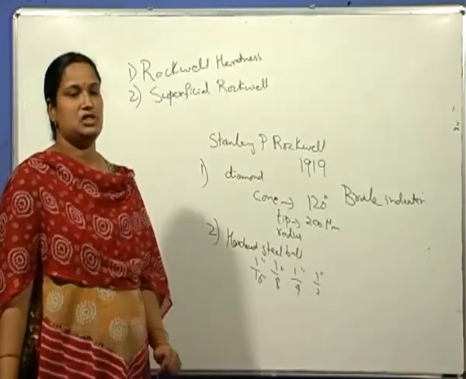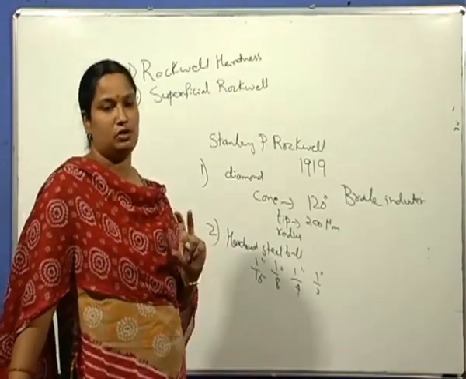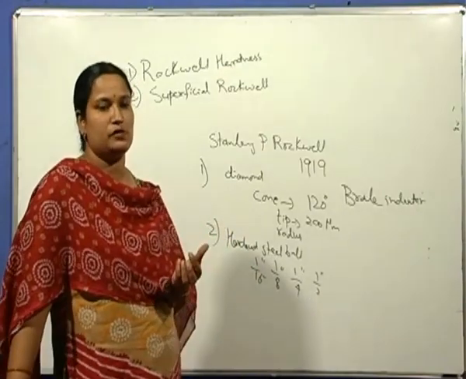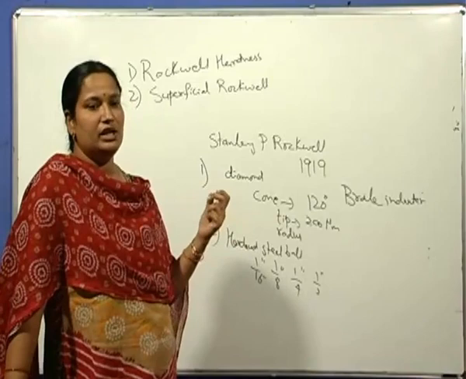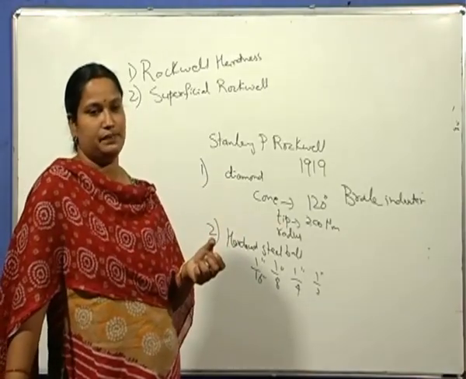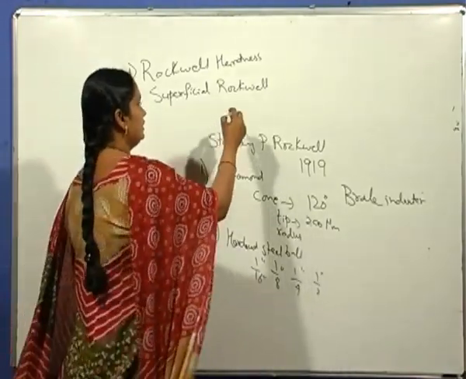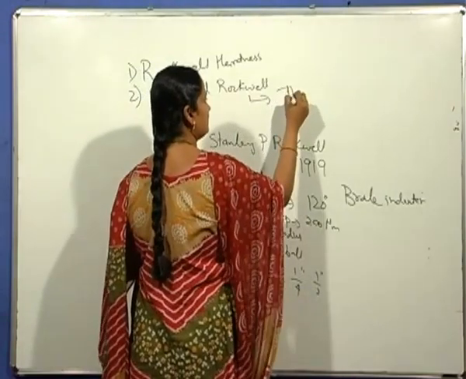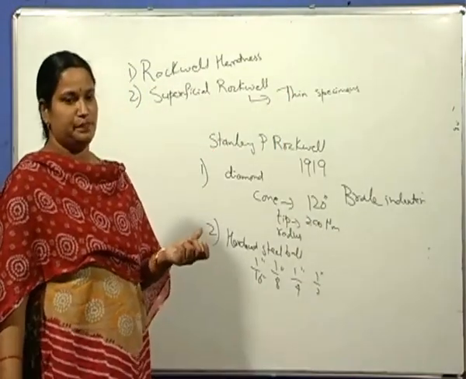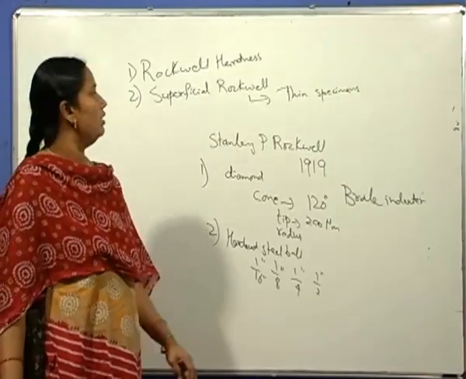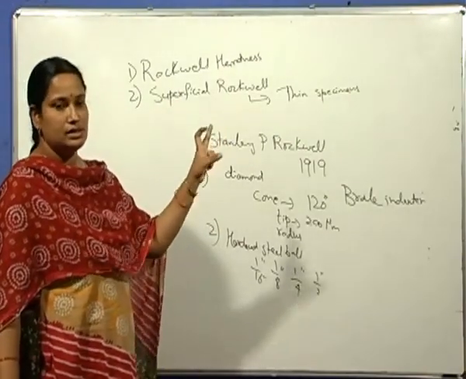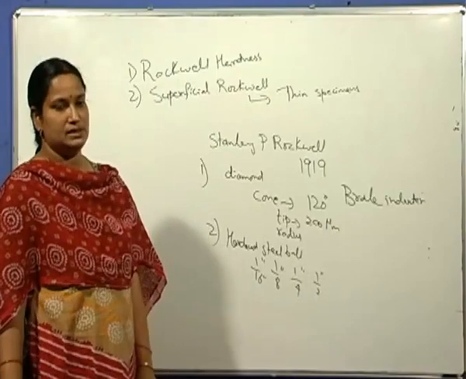So the basic difference between Rockwell and superficial Rockwell is that Rockwell is used for bulk samples, whereas superficial Rockwell is for thin specimens. For sheets we go for superficial Rockwell, and Rockwell hardness is for bulk samples.